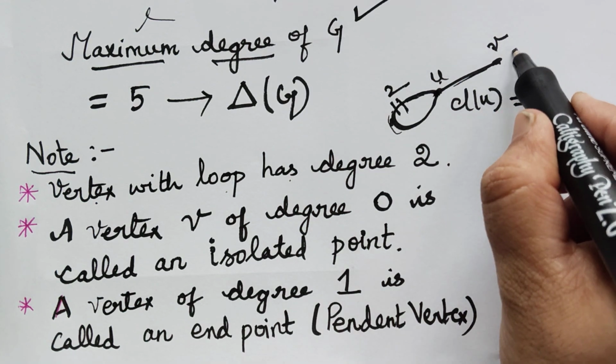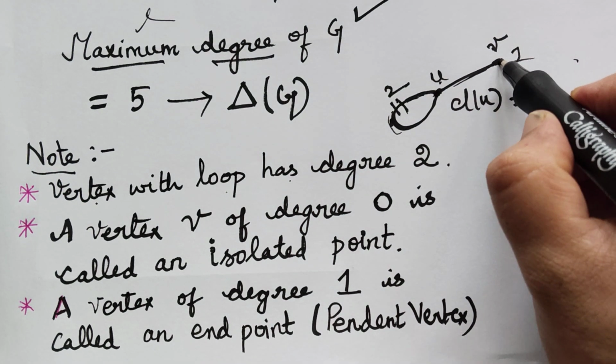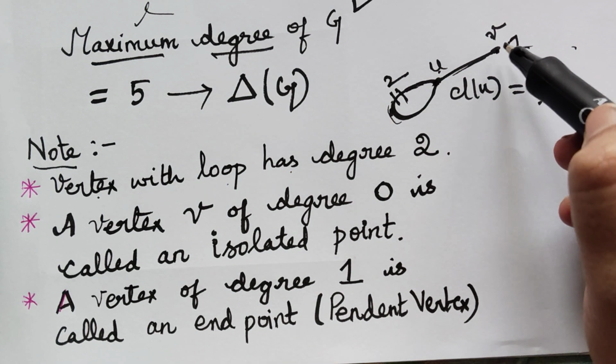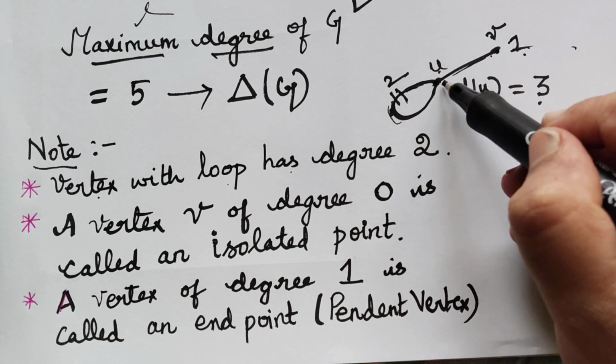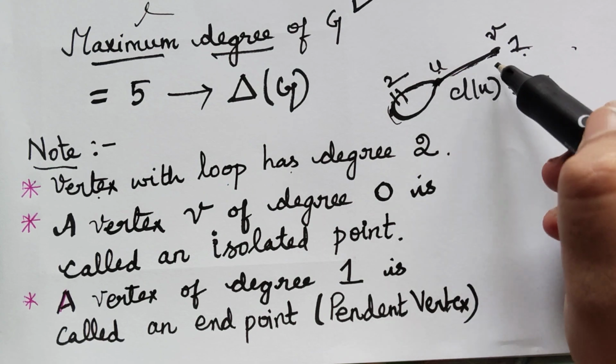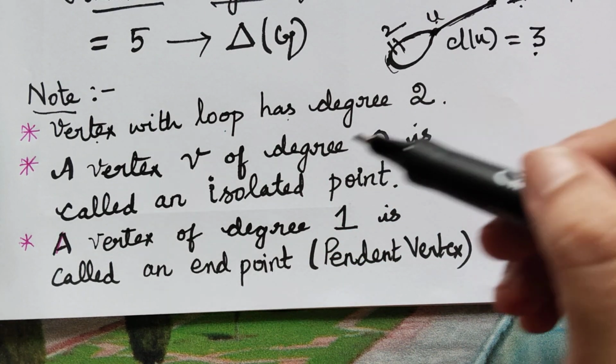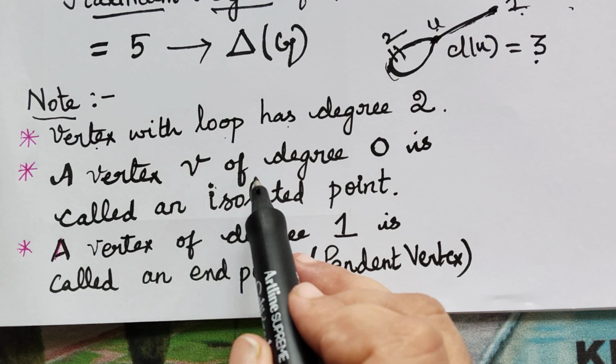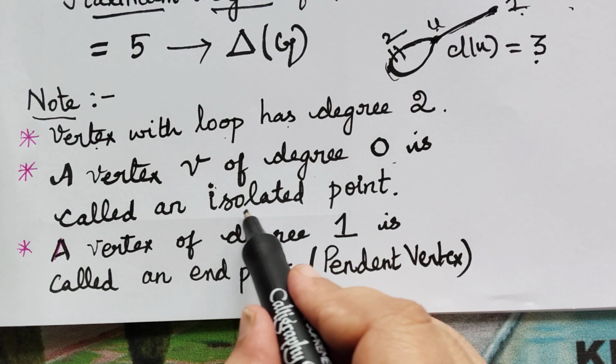What about the degree of V? It is 1. If a vertex has degree 1, then it is known as a pendant vertex, and this edge UV is known as a pendant edge. That is also given in the note. A vertex V of degree 0 is called an isolated point.